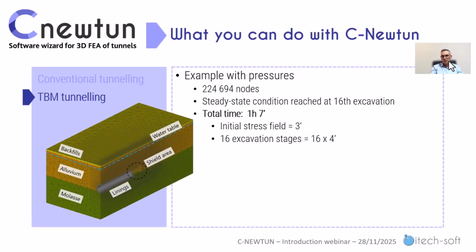You have here the presentation of the various soil layers and with the presence of water table. Steady state condition was reached after 16 excavation stages, and you see again a total time around 1 hour and 10 minutes.